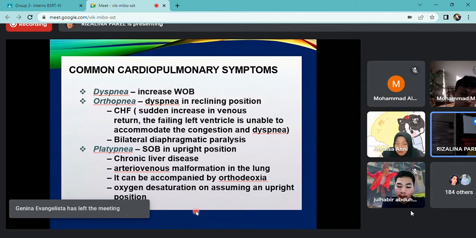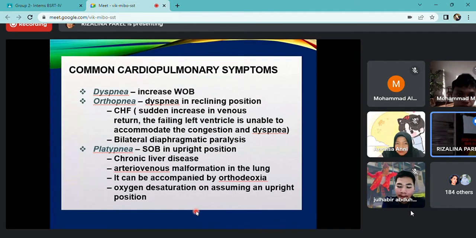Okay, so what if you will be asked, ano yung bluish discoloration of skin seen in extremities due to poor perfusion of blood? A, central cyanosis. B, acrocyanosis. C, peripheral cyanosis.